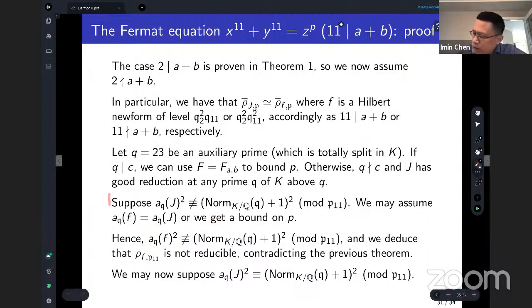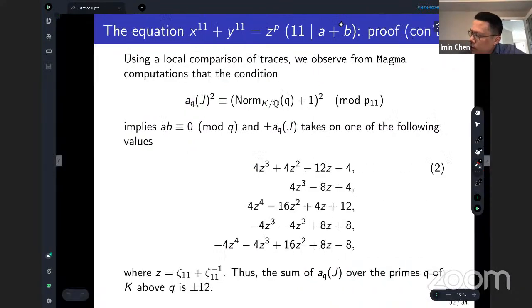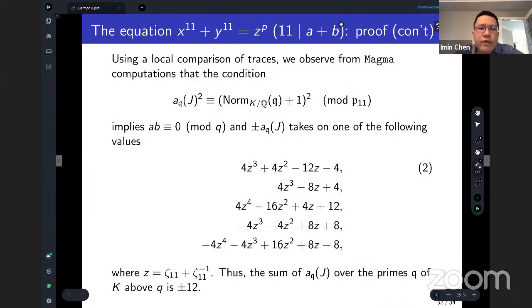And so arguing like that, we can assume that we have this congruence on the traces of Frobenius of J mod 11. And so we can do, again, a local comparison of traces.